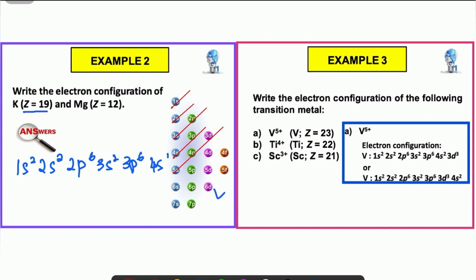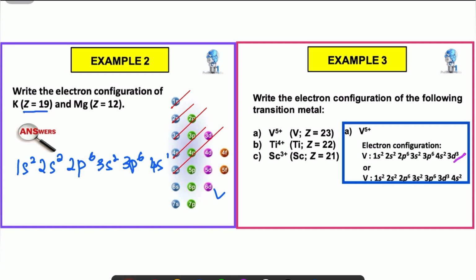But if you want to write like this one, 1s2, 2s2, 2p6, 3s2, 3p6, 3d3, and then followed by 4s2, it can also be accepted, but I prefer the first one, because you fill the electron according to the Aufbau principle. So it's better to write like this.